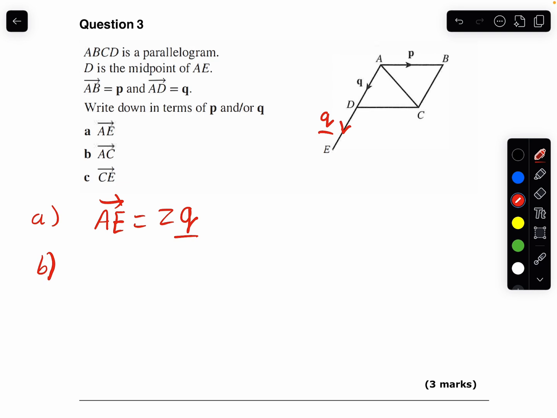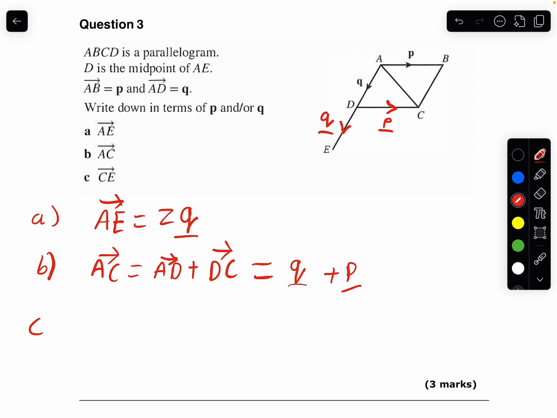B, AC. Well, since I'm told this is a parallelogram, opposite sides are in the same direction and equal. So I can say that DC is p. So I'm going to go AC. It's the same as going to AD and then going to DC, which is going to be q plus p.